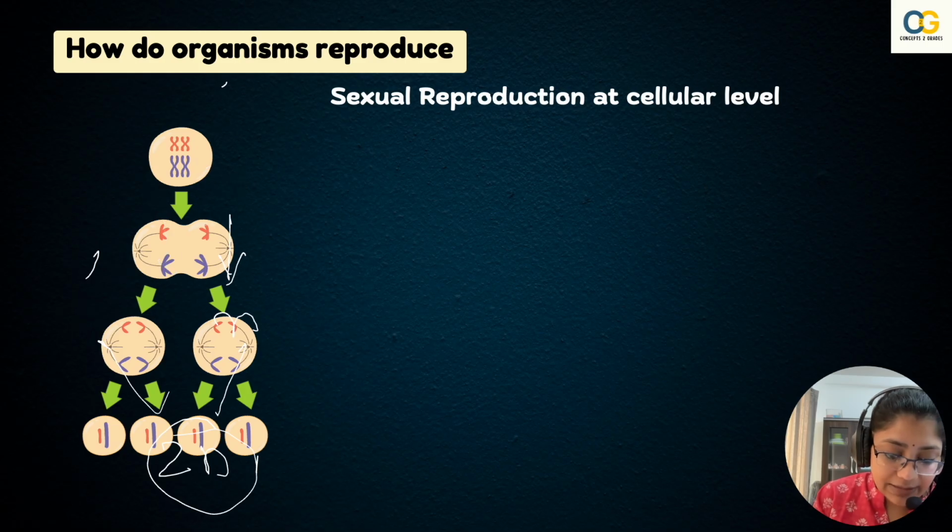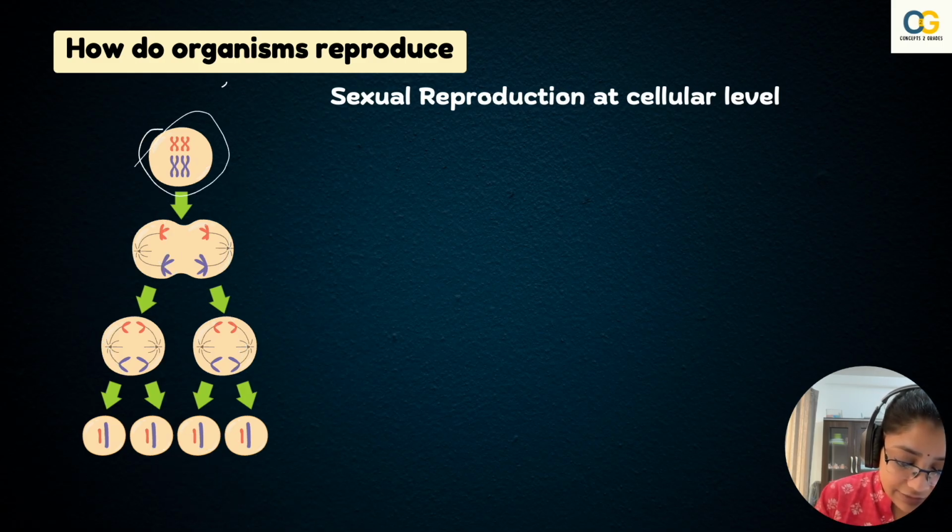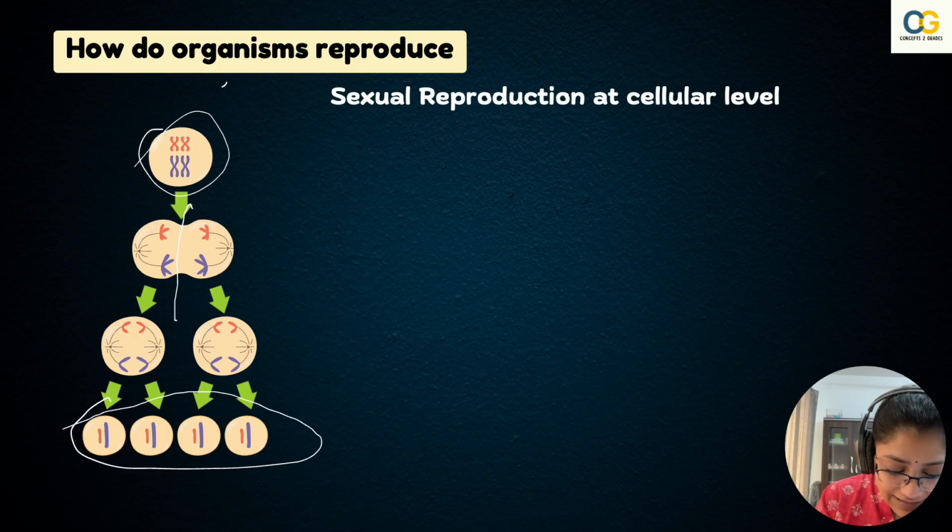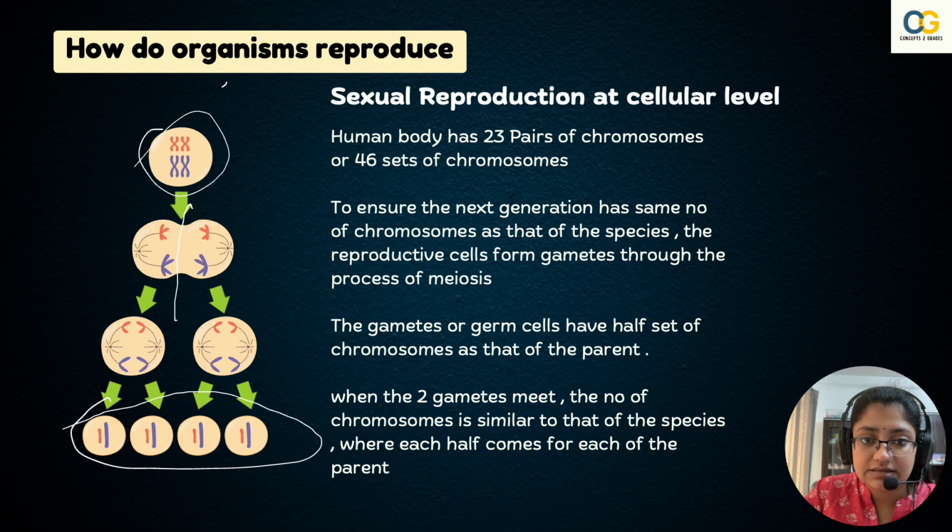As you can see, the cells here have split into two. This process is called meiosis, which generates gametes which help in reproduction. The same thing is written here. The human body has 23 pairs of chromosomes, which is 46 chromosomes. The next generation is made through meiosis.